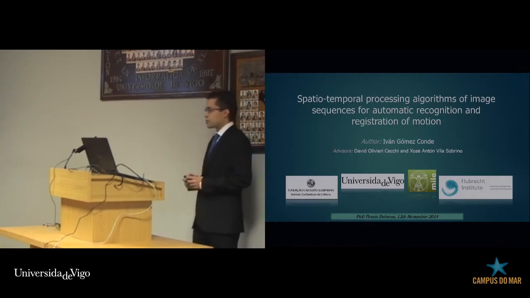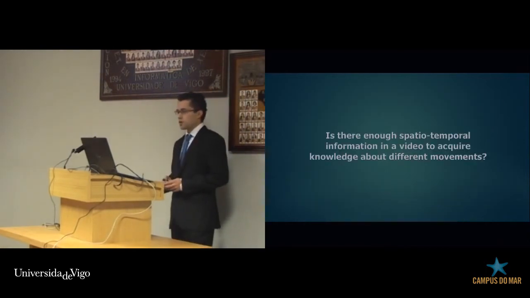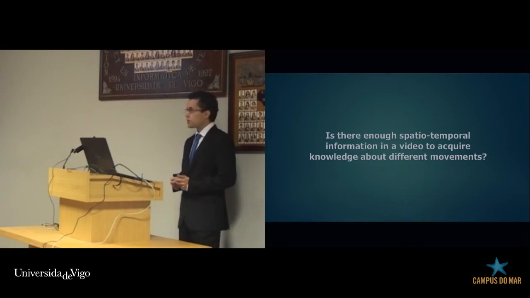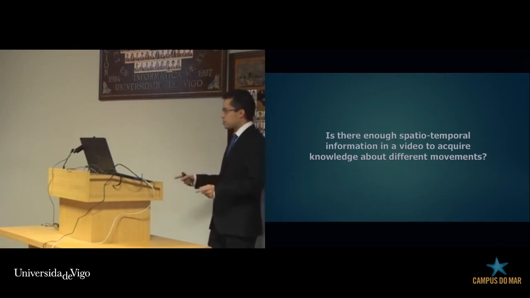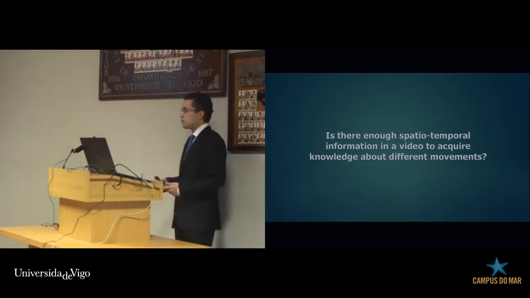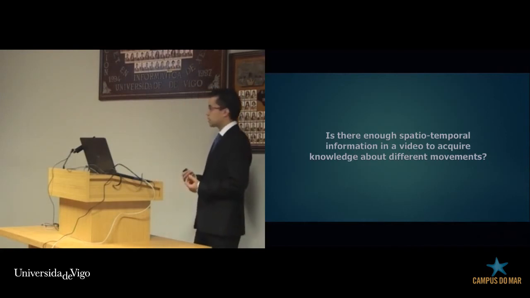And I would like to start my presentation with a question. The important thing here is: is there enough spatio-temporal information in a video to acquire knowledge about different movements? In image sequences, you have all the spatio-temporal information to get patterns and information about the movements or the motion artifacts that you have there.